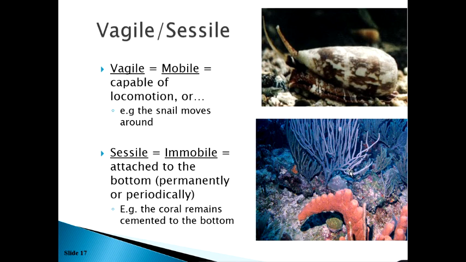Look at the bottom photo in the bottom right. All of these organisms that you can see here, there are sponges, there are corals, there are bryozoans. All of these, they might move, slosh back and forth as the water moves them, but they are all cemented or firmly fixed to a spot in the ocean.